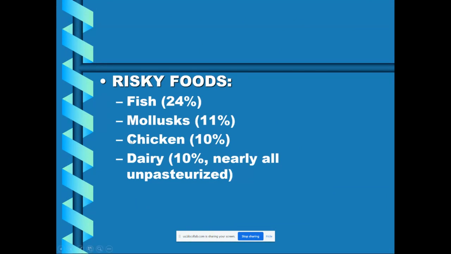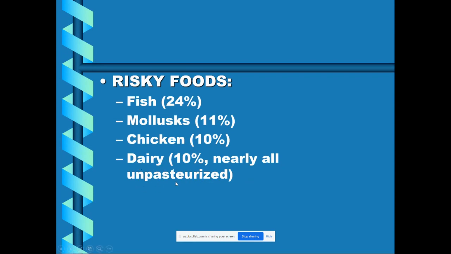24% of foodborne illnesses come from fish, undercooked fish. Mollusks are clams, oysters, and mussels. Chicken and dairy. And it says nearly all unpasteurized. Some people do consume raw milk or raw cheese that has not been pasteurized.